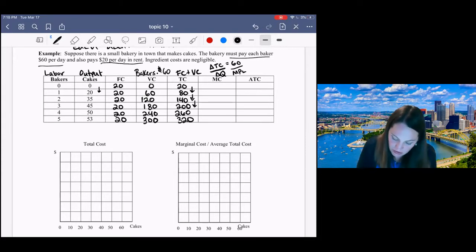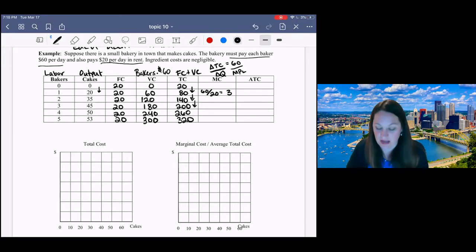So the marginal cost, or the cost of producing the first 20 cakes, is going to be 60 over 20, or $3 per cake. Now we can't really calculate marginal cost for 0 bakers because we've made no cakes and the cost per cake is kind of a moot point.